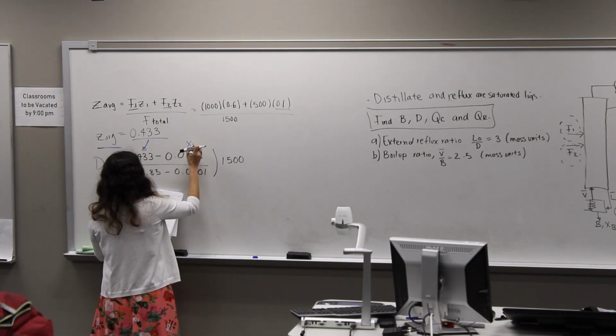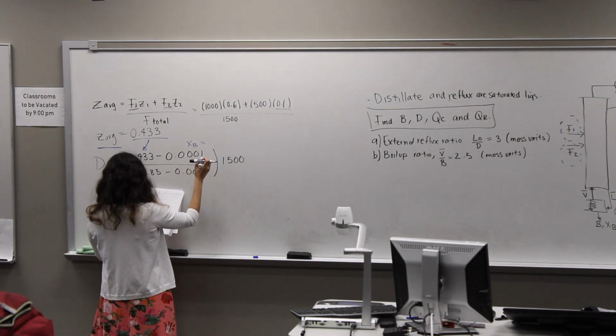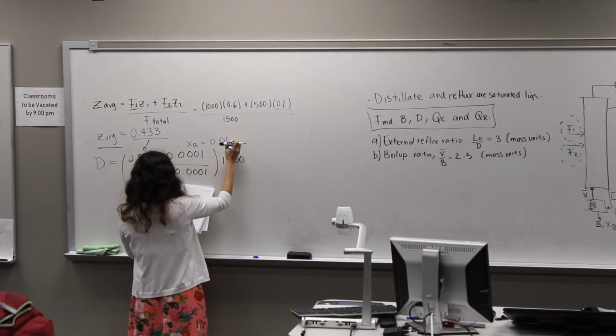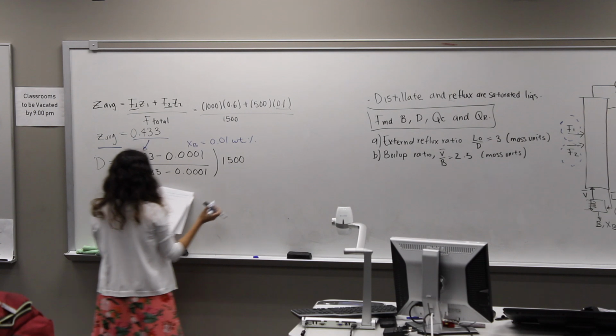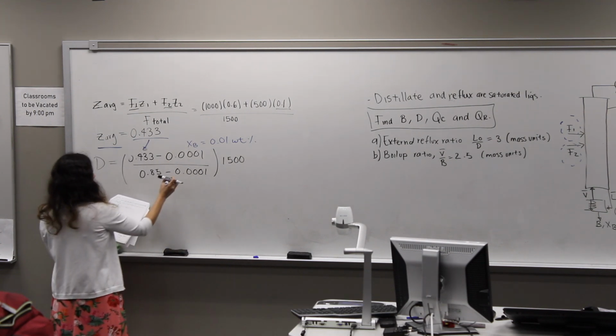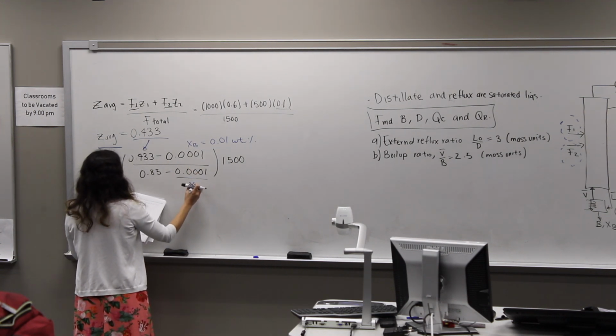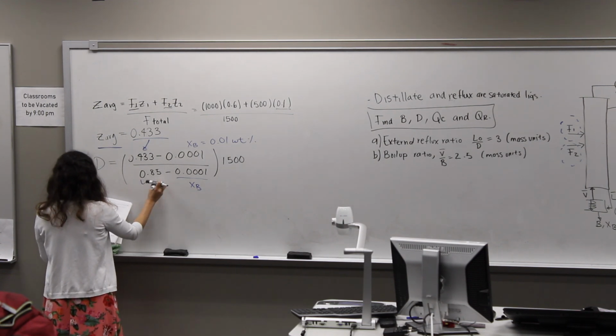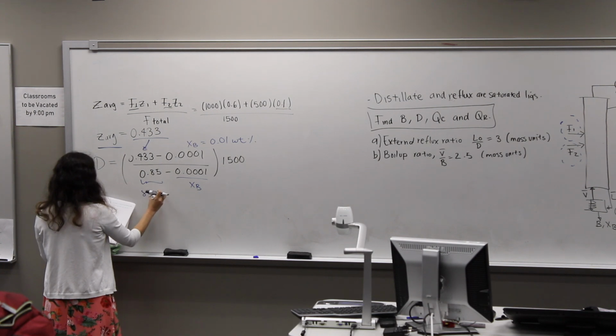This is XB, that is for the bottoms, and that for the bottoms is still 0.01 weight percent. This is the same as XP, and this is the distillate, and the distillate is 80 weight percent.